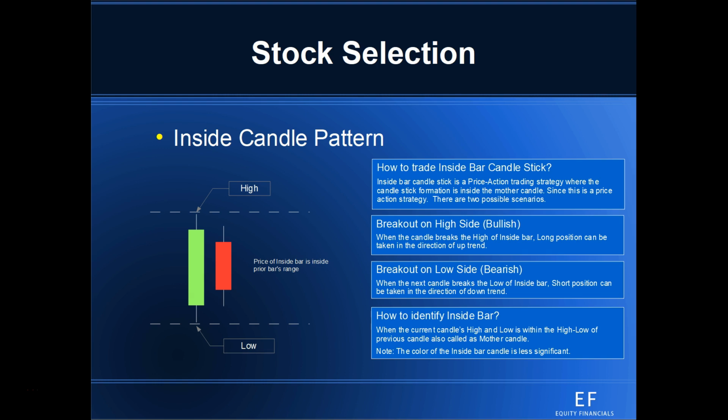So on a day chart, what I generally do is filter out all the stocks which have formed the inside candle pattern, and once I have the list of stocks, I further filter out the stocks which will have good movement based on the volatility, and then finally I add those stocks to my watch list for the next trading session.